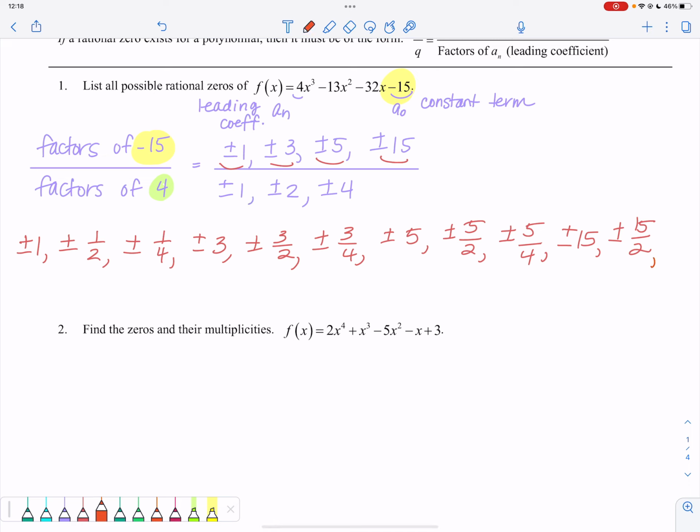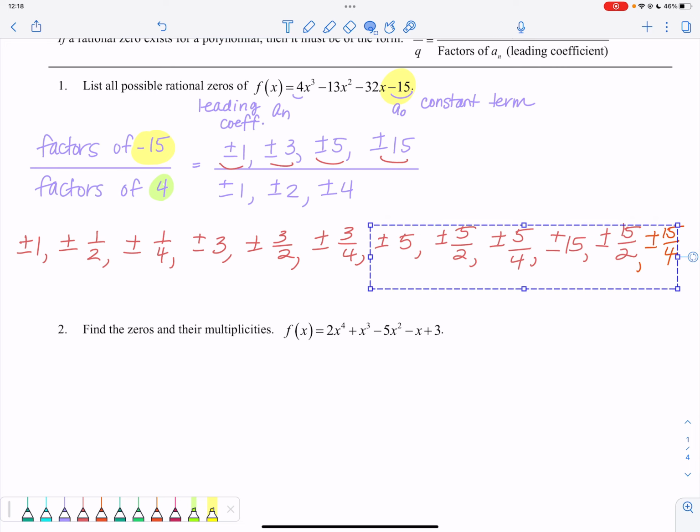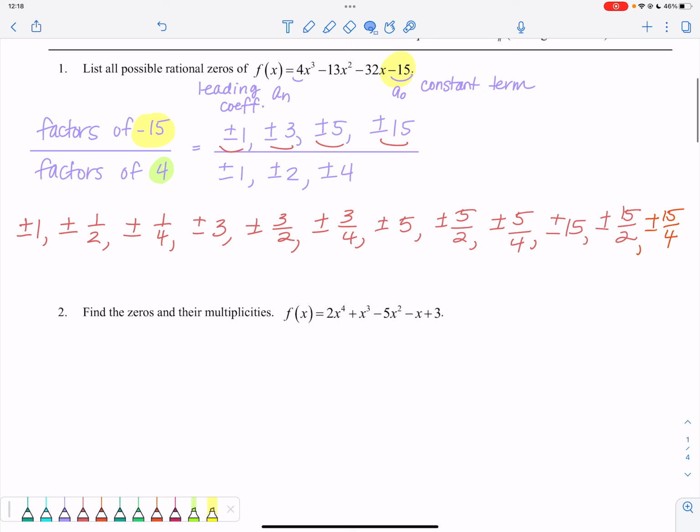And then we have plus or minus 15/4. Okay. So that's it. Those are all of the possible rational zeros. And as you can see, we have 2, 4, 6, 8, 10, and 12 of those. So there are a lot.